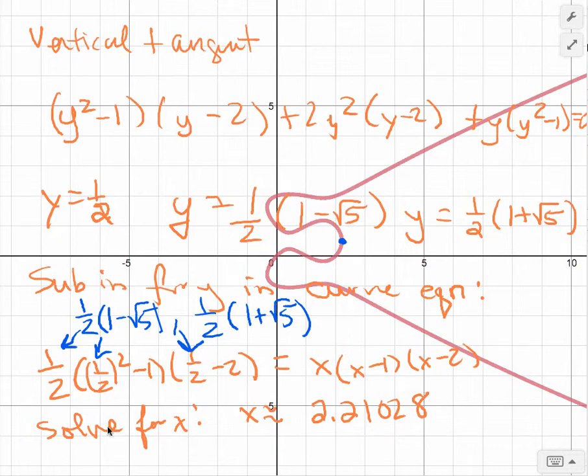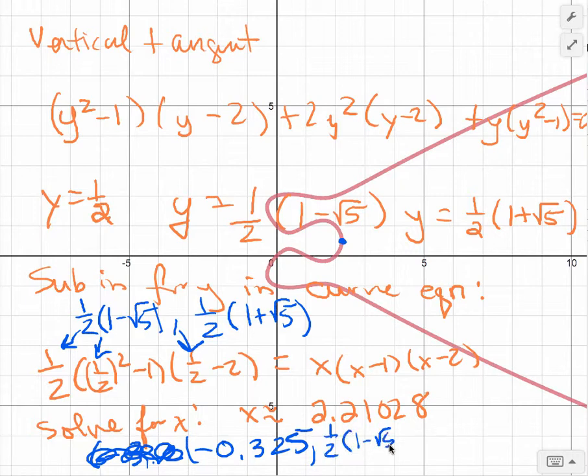And you'll find the other vertical tangent points are minus 0.325 goes with 1/2 of 1 minus root 5, and we get minus 0.325 again for 1/2 of 1 plus root 5.